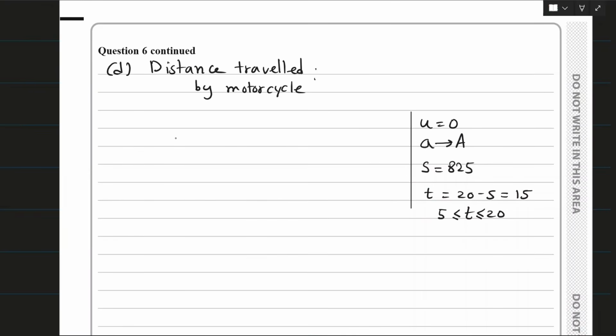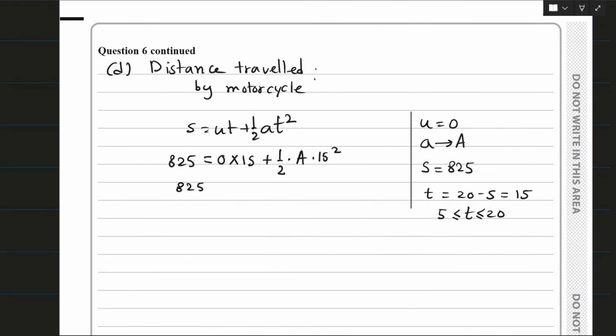So from this we can calculate the acceleration. We are going to use an expression that connects all these quantities together, and that is S equals ut plus half at squared. We know that S is equal to 825 from the distance traveled by the car, and we also know that u is 0 and time is 15. We are substituting all the known values here, and that gives us this.